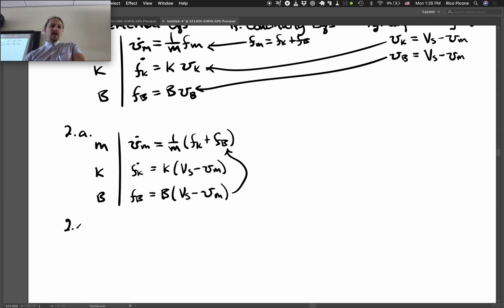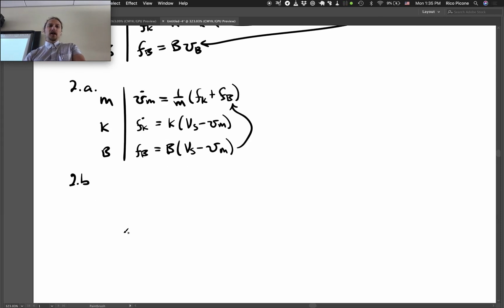So 2b is to just rewrite these as, so Vm dot equals 1 over m times Fk plus b times Vs minus Vm.